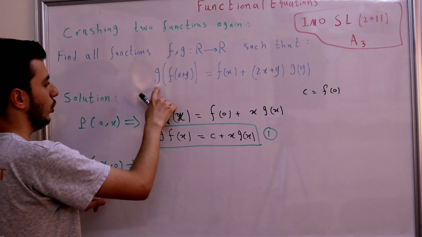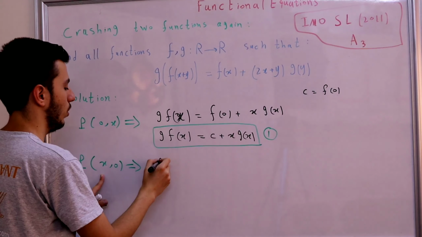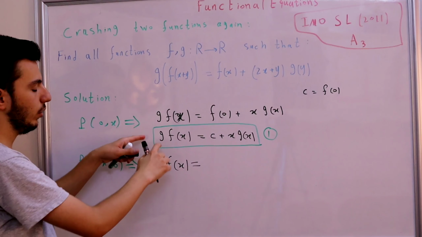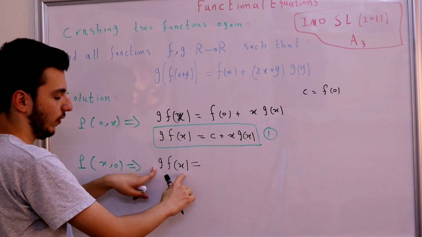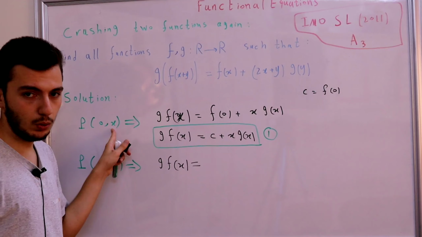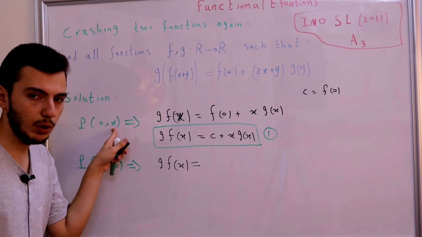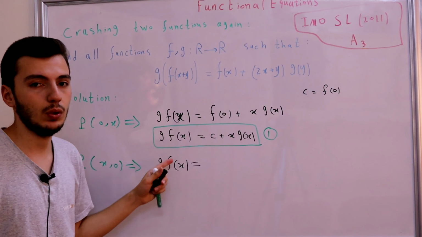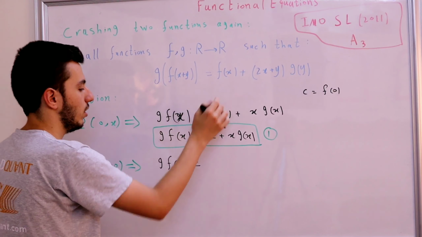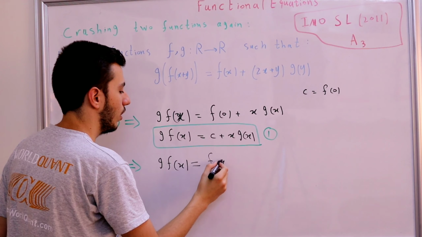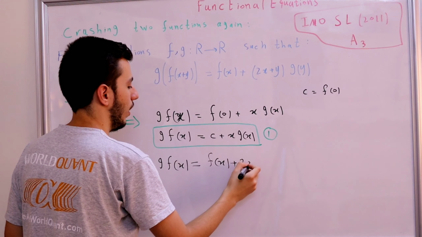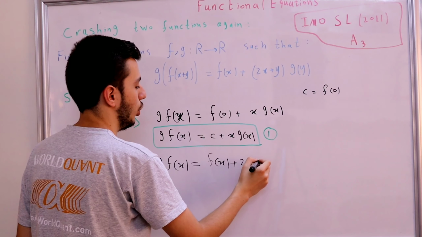Now we will have g of f of x also. As you see, here we have g of f of x and here we have g of f of x. That is why I told you I substituted x. If I didn't substitute x, this would be g of f of y, but again it's no problem because you can then substitute y with x. So now we have g of f of x equal to f of x plus 2x times g of 0.